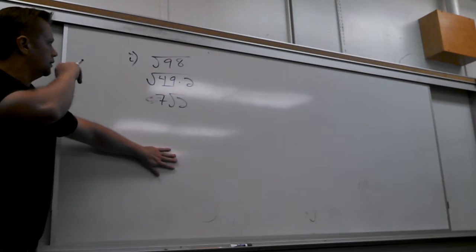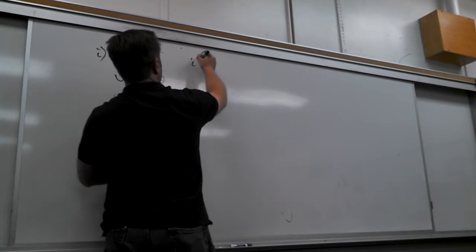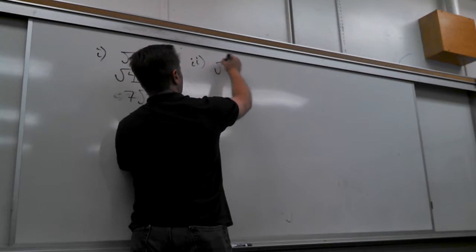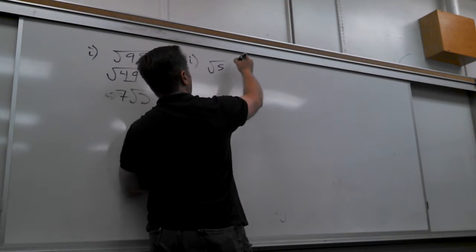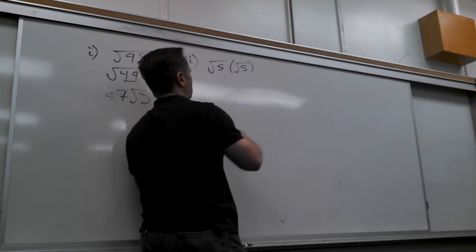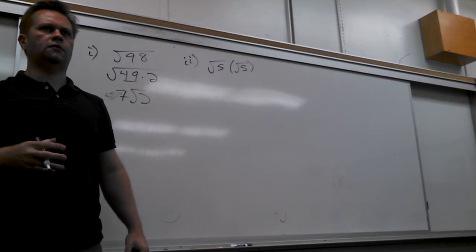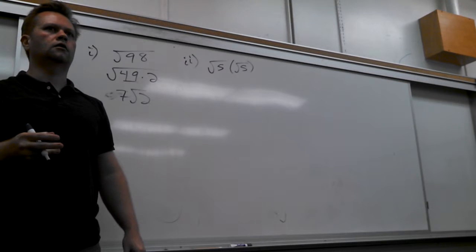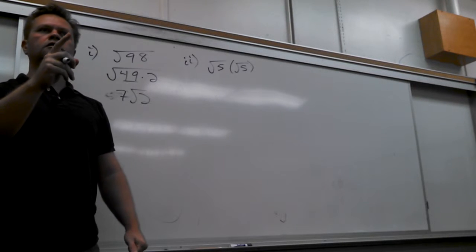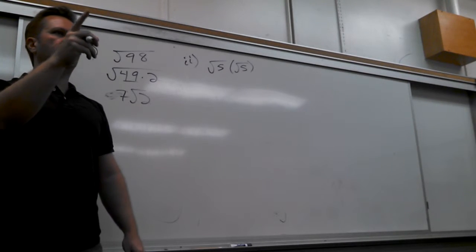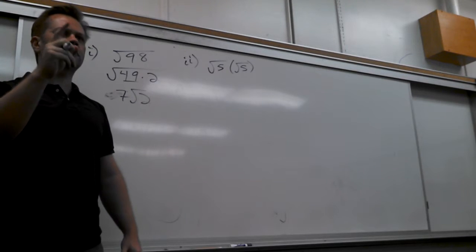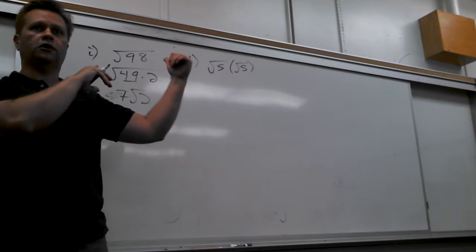Now, let's take this another step. What's the square root of 5 times the square root of 5, for example? Careful. 25. Okay, which is 5. And so you should start to realize you can skip the middle step. This is the square root of 25.